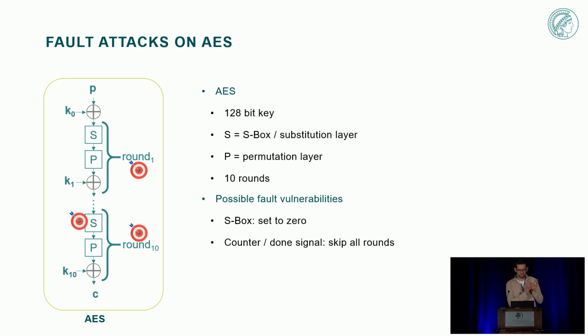For example, setting the S-box to 0 will kill all this non-linearity layer. And what we will do later is to try to find this round counter, so the done signal of the AES design, skipping all the different rounds, so that only one round is calculated, and we can then easily invert the cipher.